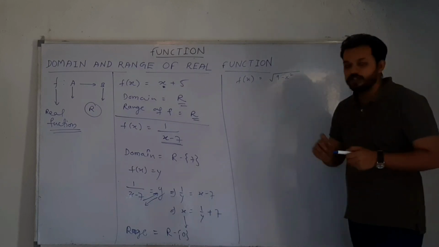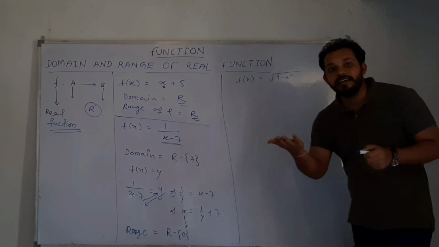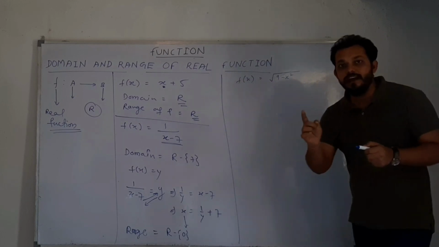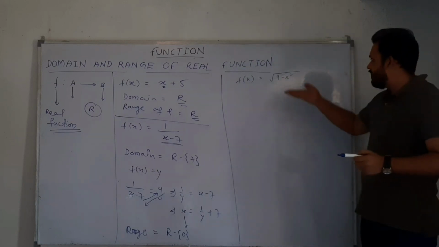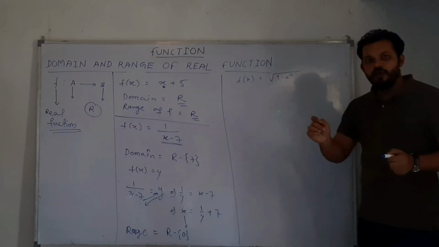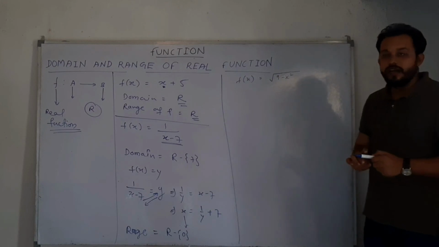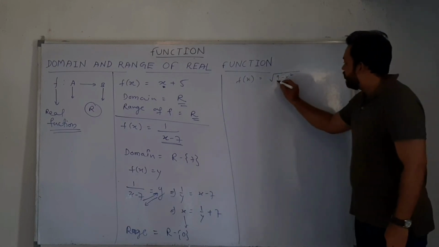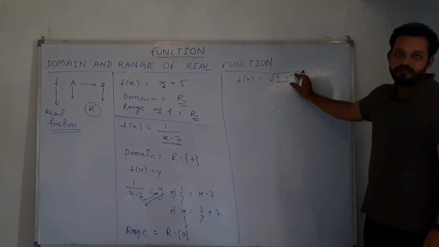Like in earlier cases, we saw an example where the denominator is getting 0 and we excluded that value. Similarly, in this function, we know that under root of any negative number is not defined. Hence, we cannot afford to get any negative number in this place.